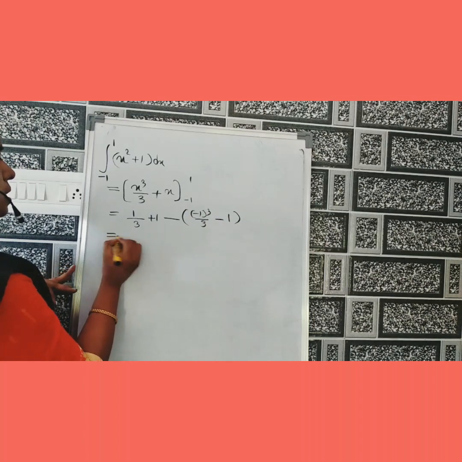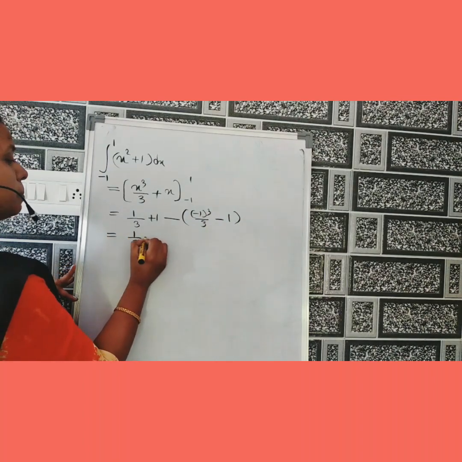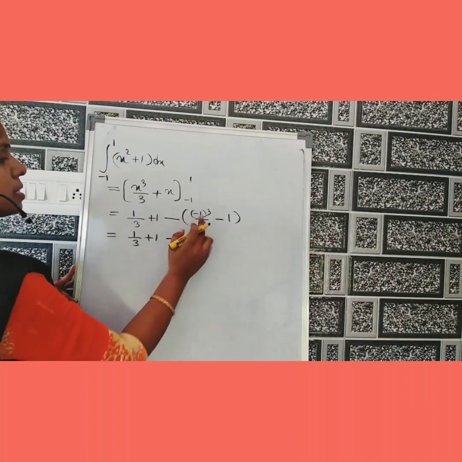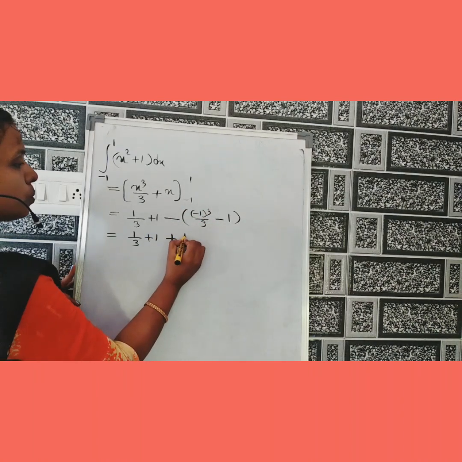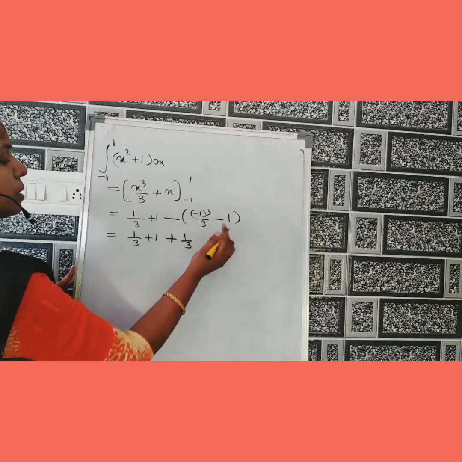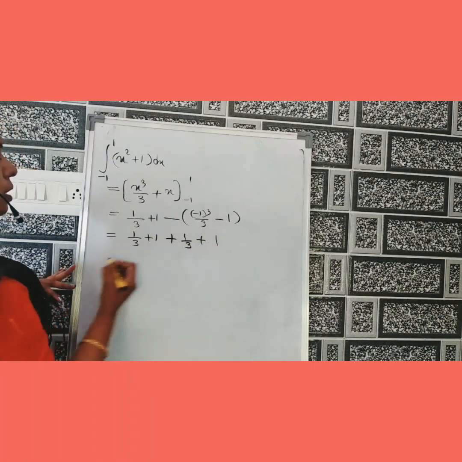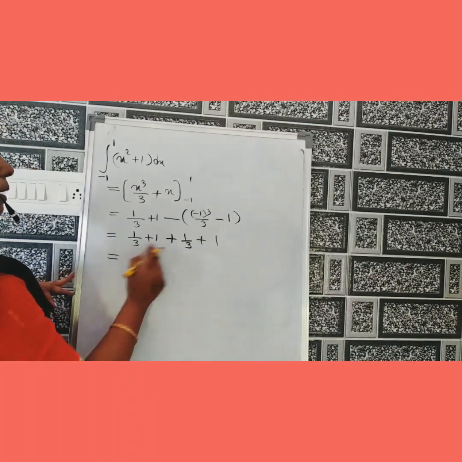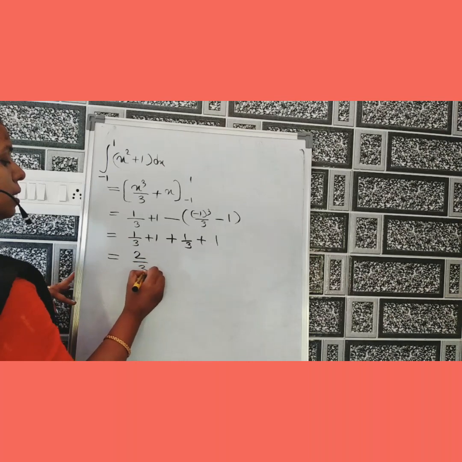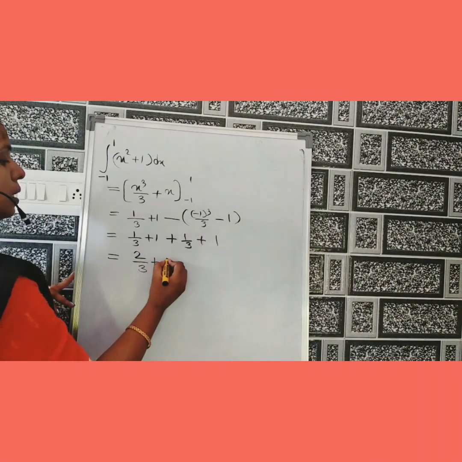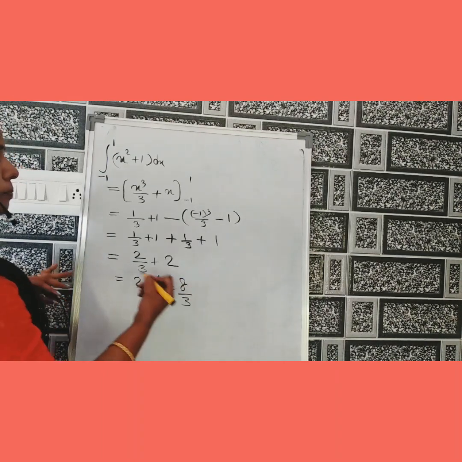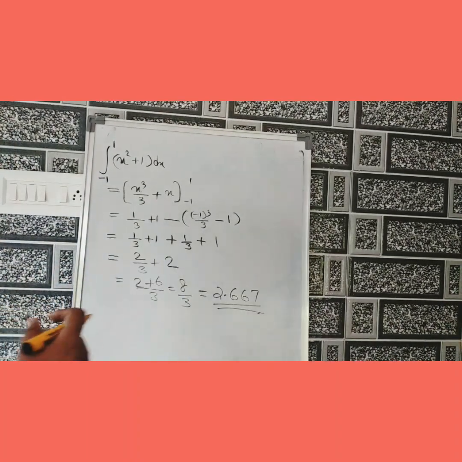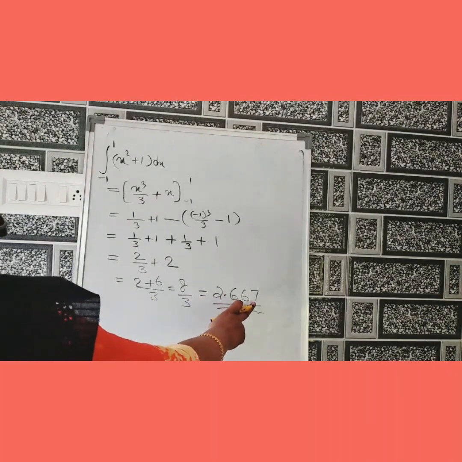Negative 1 whole cube is negative, and this negative with the minus gives positive, so we get 1 by 3 plus 1 by 3, that is 2 by 3, plus 1 plus 1, that is 2. That is equal to (2 plus 6) by 3, that is equal to 8 by 3, that is equal to 2.667.